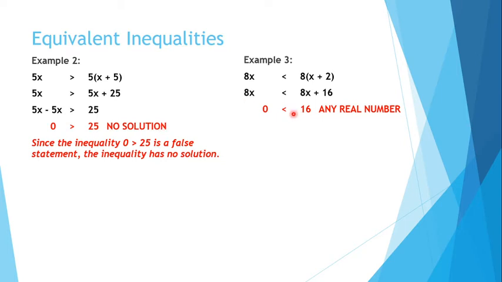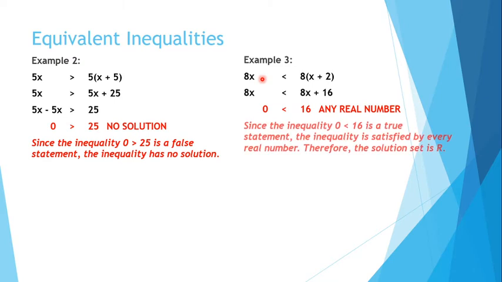But for number 3, since it is a true statement that 0 is really less than 16, any number that you substitute for x will always satisfy our inequality. Since the inequality 0 is less than 16 is a true statement, the inequality is satisfied by every real number. Therefore, the solution set is R.